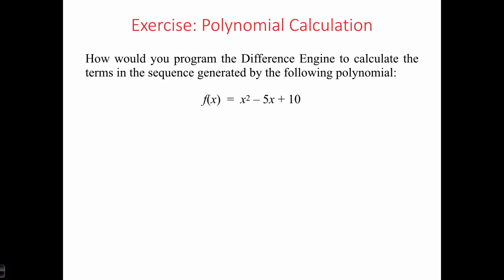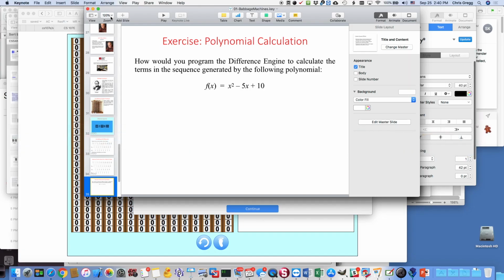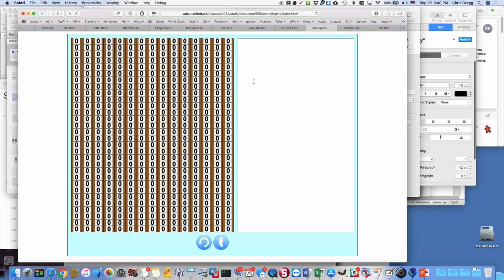And we can plug that into the difference engine. In fact, I have a difference engine up here. What we can do is type 10, and we can type negative 4. I'm going to show you what that means in a minute.